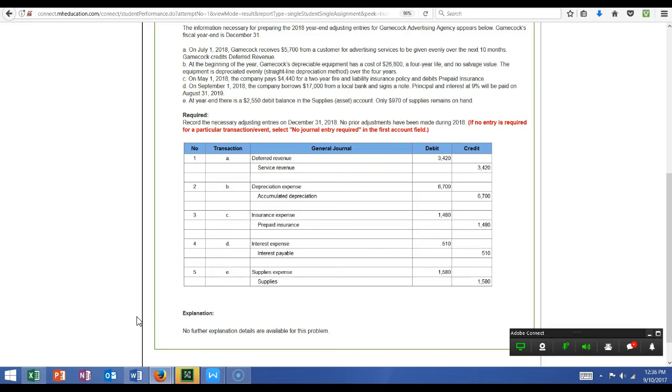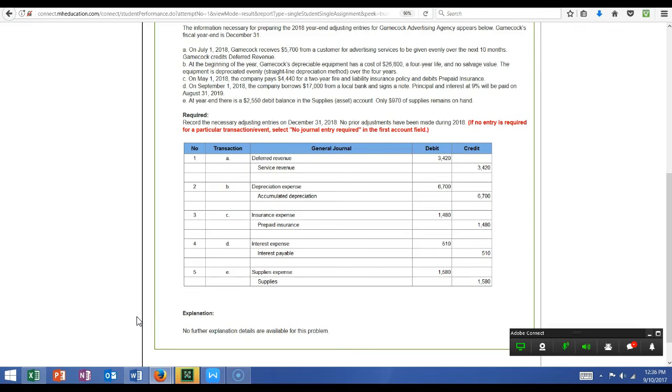So they have taken out a 1-year note. All we care about is calculating what we owe in interest up till the end of the year, which is December. So they took this note out on September 1st. September, October, November, December, that means 4 months of interest. Okay? 4 months of interest.